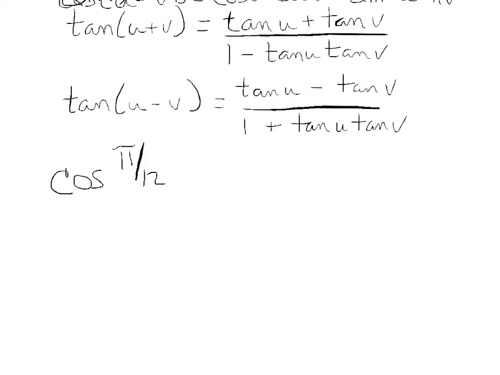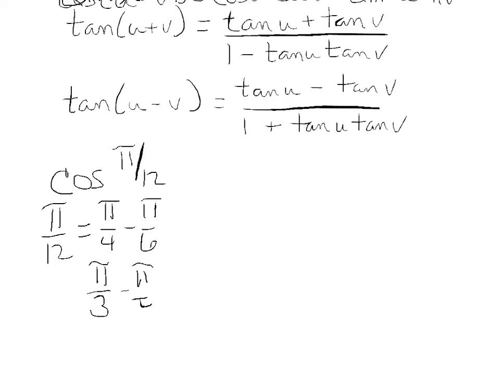Now what I'm going to do is on the board, write down some of those angles we know and convert them to 12ths. So we saw that for pi over 12, we have two options. We can either use pi over 4 minus pi over 6, or we could use pi over 3 minus pi over 4.